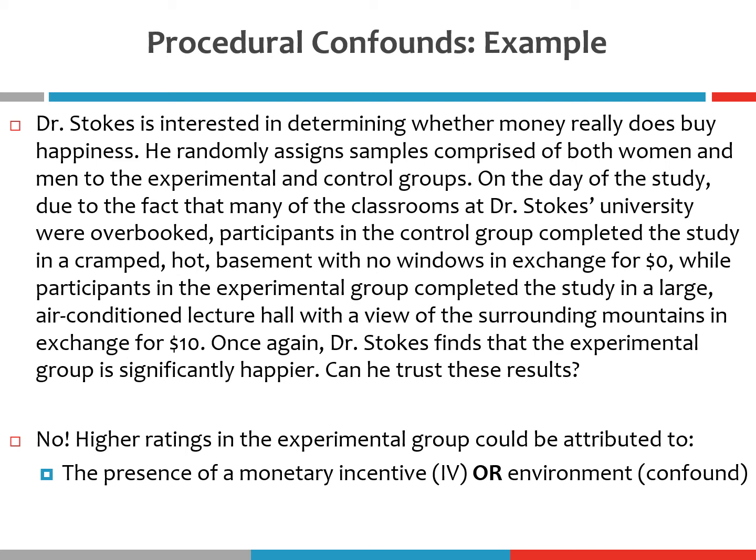So the experimental group was lucky enough to enjoy a mountain view and air conditioning and much more luxurious, pleasant surroundings as compared to the control group. Okay, so certainly one explanation for their increased happiness could simply be the better, more relaxing and pleasant environment. So we don't know whether it's the monetary incentive or the environment in which they find themselves. Okay?